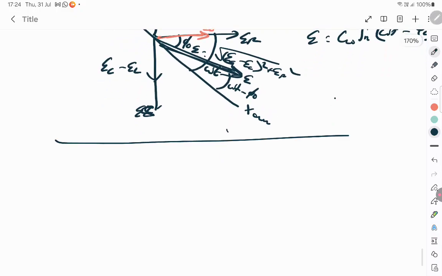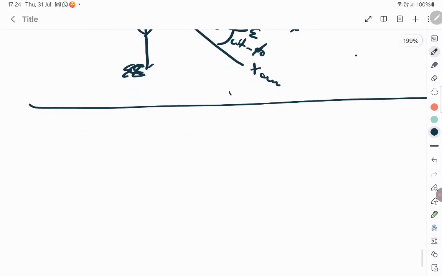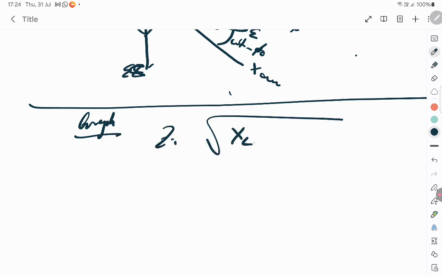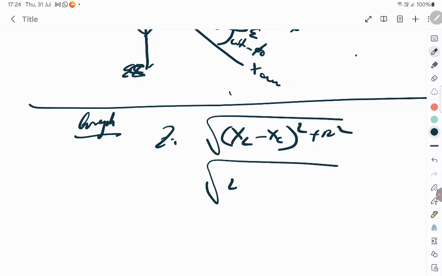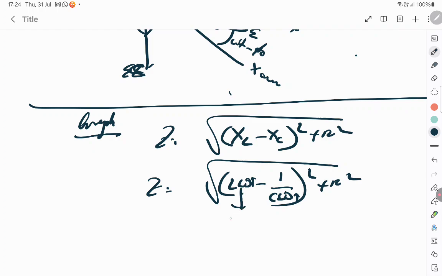The next point that I'm going to teach you is about a very, very important graph. You know impedance Z is equal to root of (XL minus XC) the whole square plus R square, which itself is (L omega minus 1 by C omega) the whole square plus R square. Consider that omega is very, very high. At high frequency, the inductive reactance will dominate.